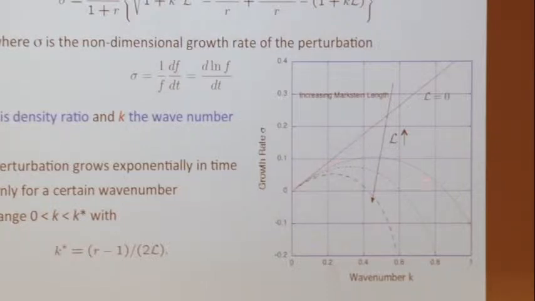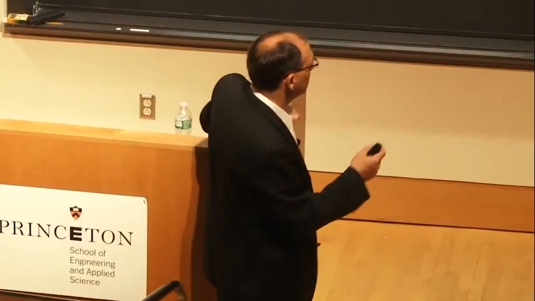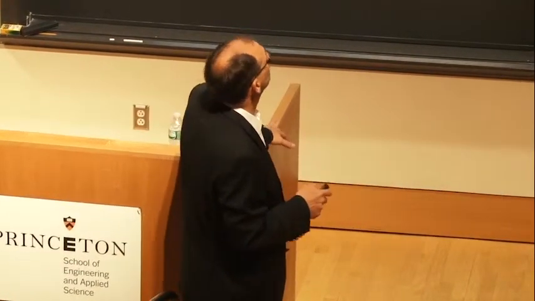For a certain value of the Markstein number, it is still unstable up to this point, but for higher wave number values it is stable. The larger the Markstein length is, the smaller the unstable region becomes. So the reason why you don't see instabilities in flames all the time, from this hydrodynamic instability, is the stabilizing effect of these Markstein, these stretch effects.